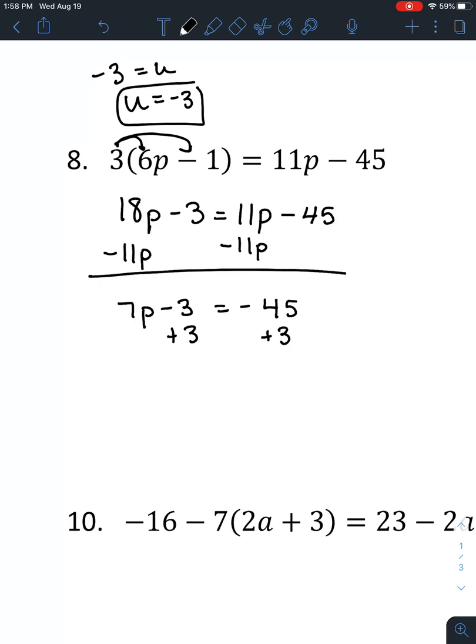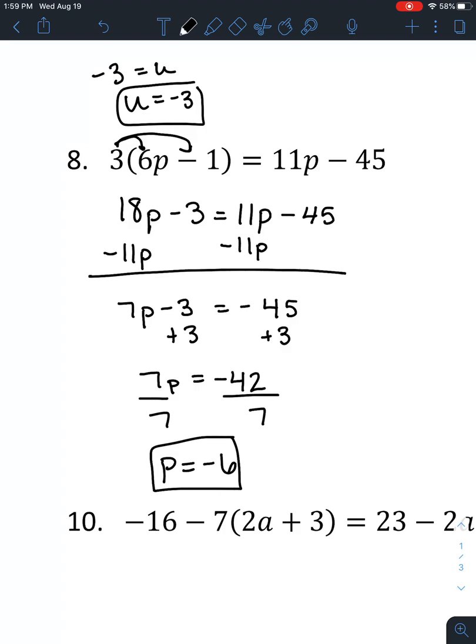So that gives me 7p equals negative 45 plus 3 will give us negative 42. Divide both sides by 7. Negative 42 divided by 7 equals negative 6, so p equals negative 6.